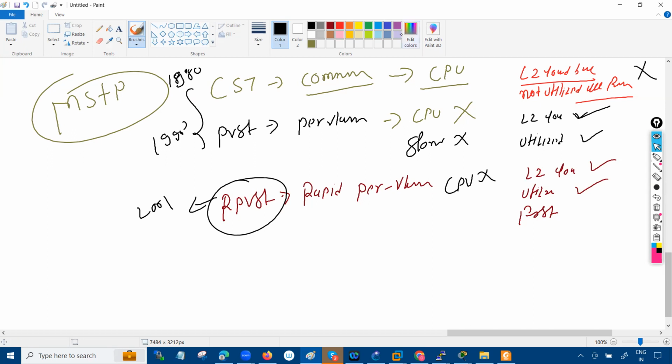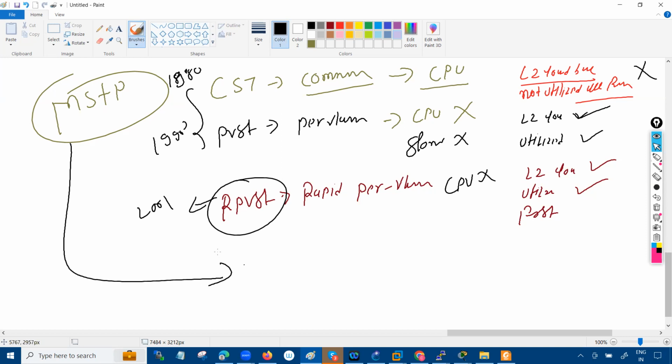But now I'll give you another good thing about MSTP. MST is a combination of each one. What I told you is that if I have a low CPU, I have to go with CST. But do I have CST? No, I don't have CST. I cannot enable CST. But MSTP says, hey, don't worry about that.